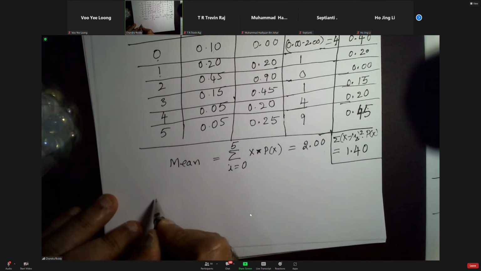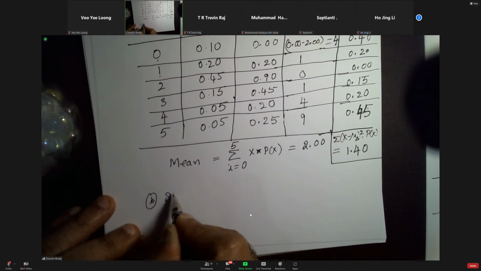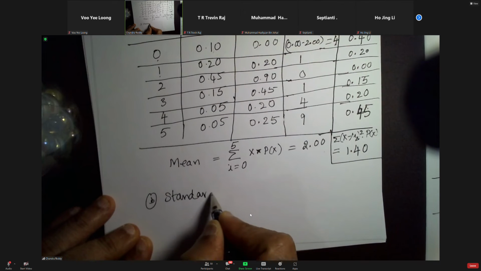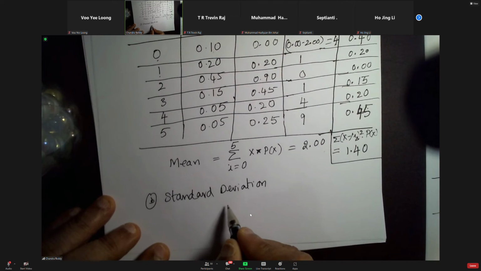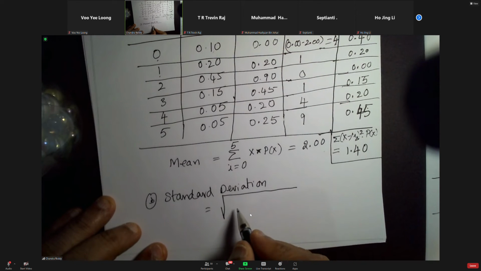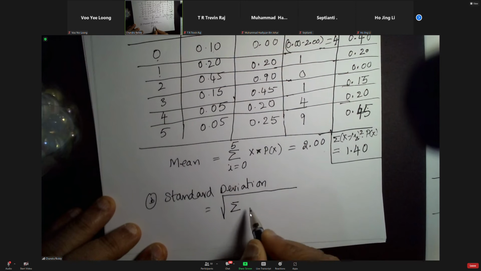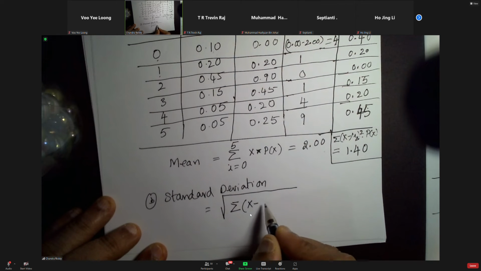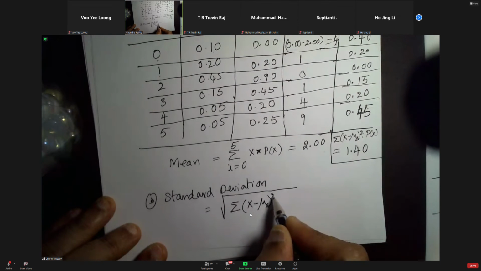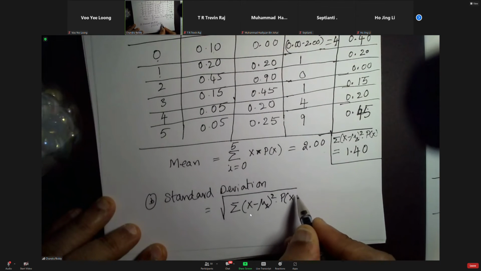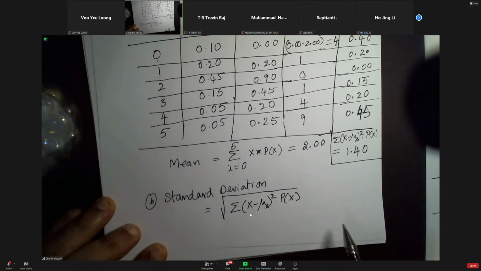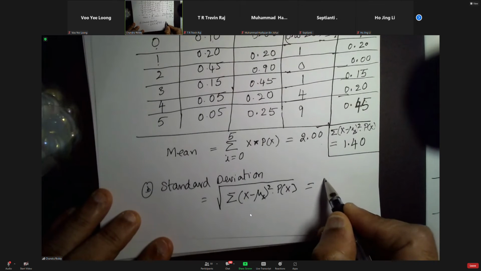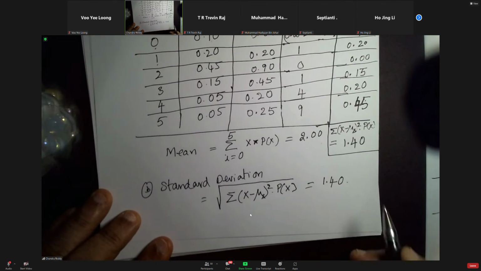So then we can write the standard deviation. The formula for standard deviation, so we can say the standard deviation is 1.40.